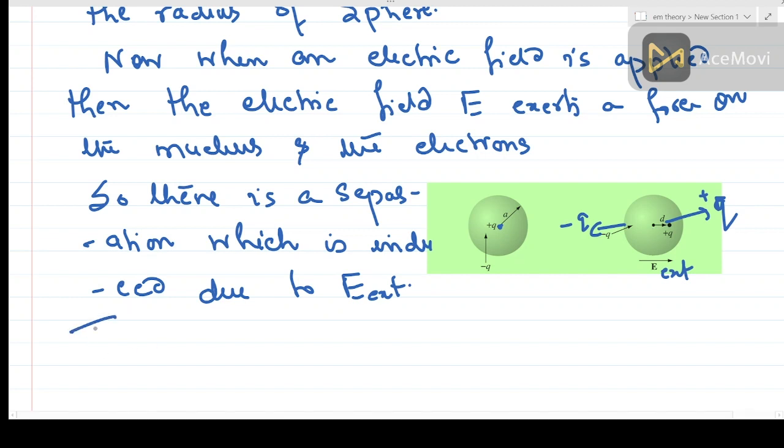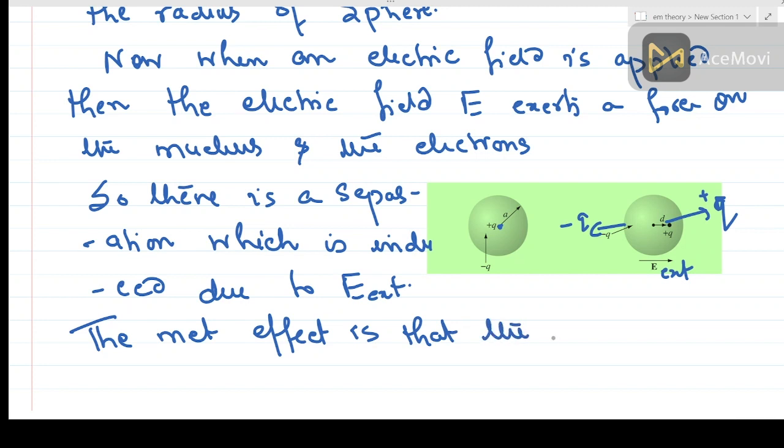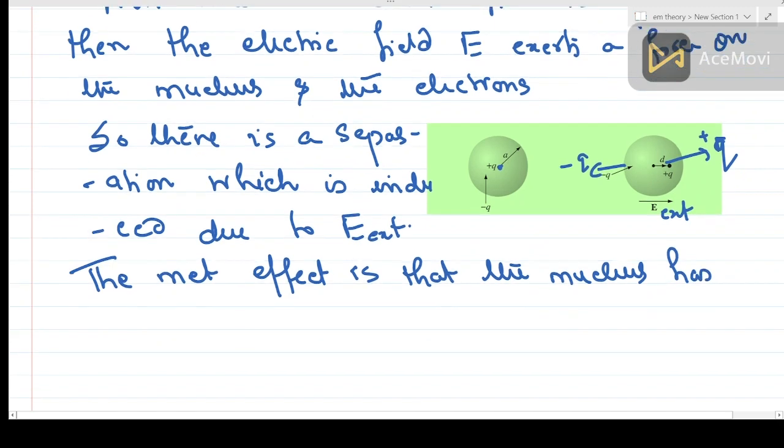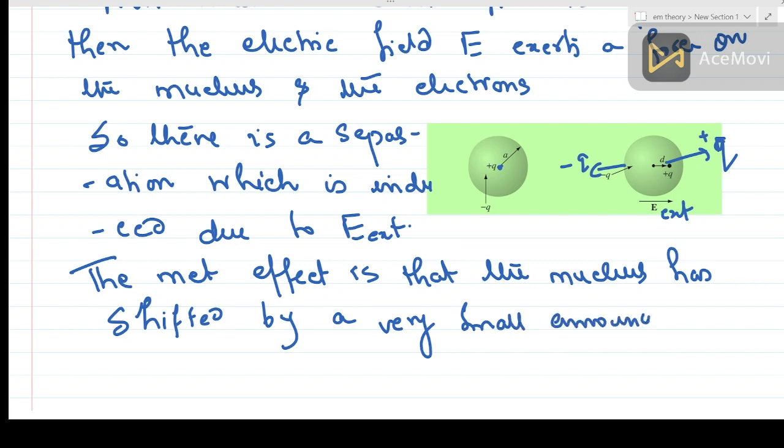The net effect is that the nucleus has shifted by a very small amount of, suppose it is d as depicted in the diagram.